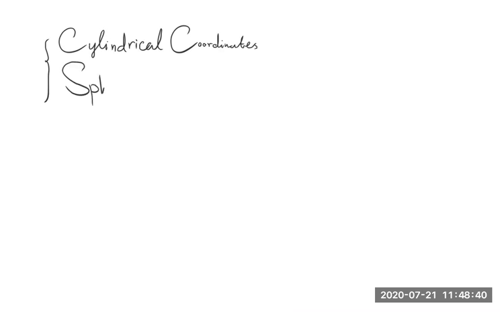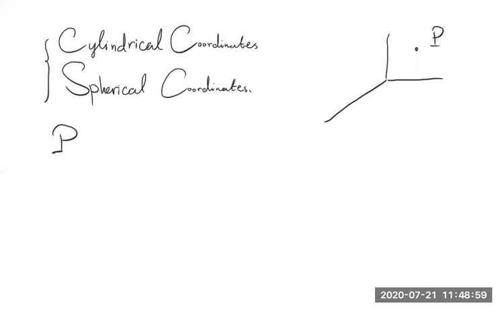In dimension 3, there are actually two ways of doing this. One is called cylindrical coordinates. And the other one is called spherical coordinates. Okay, so in three-dimensional space, usually when we have a point P, we show it with three numbers, x1, y1, z1.